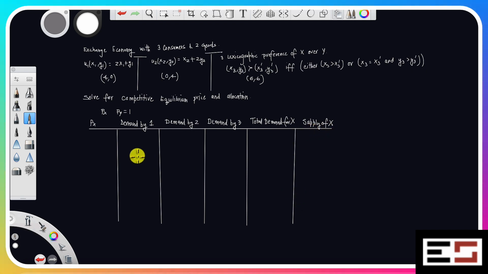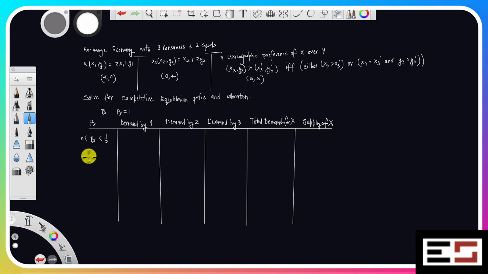If you just look at the utility functions, the marginal rate of substitution of consumer 1 is 2, the marginal rate of substitution of consumer 2 is half, and consumer 3 has lexicographic preference, so he's always going to spend all his income on x. We can actually consider these cases. One is that px is between 0 and half.